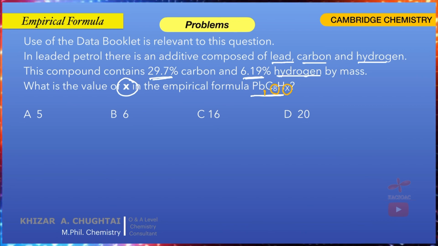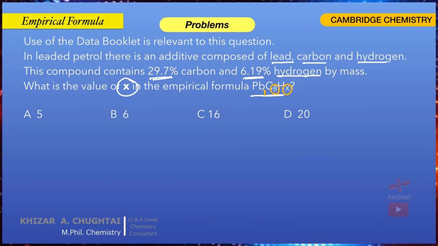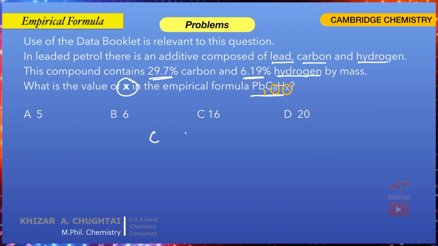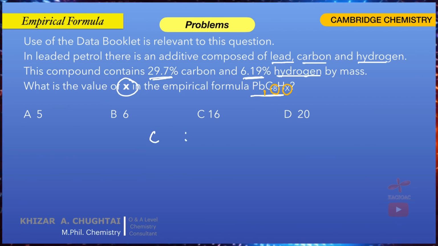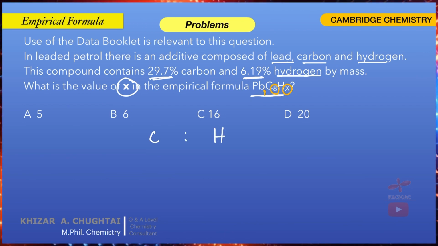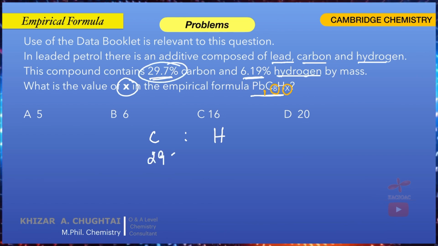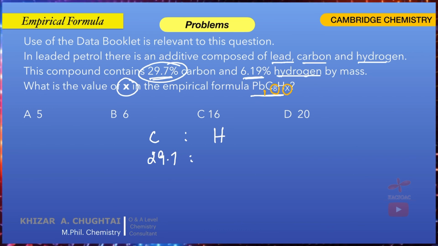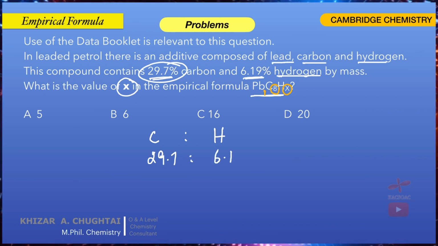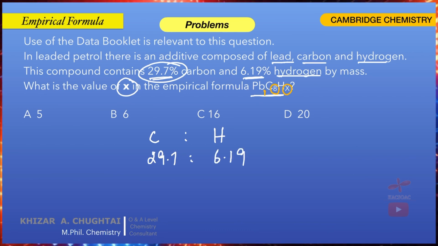I am going to apply the similar rules, but this time I'm not including lead in this computation. I'm simply making the formula between hydrogen and carbon. The percentage of the carbon is 29.7% and the percentage of the hydrogen is 6.19%.